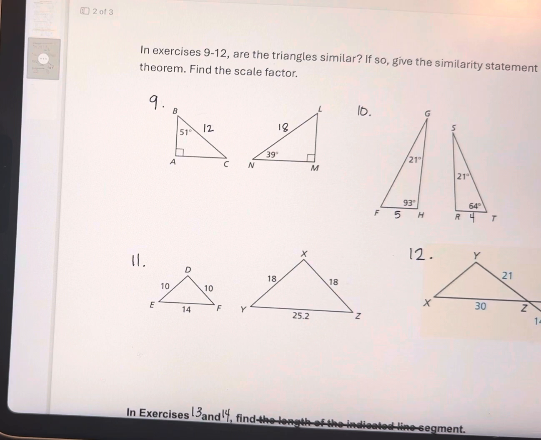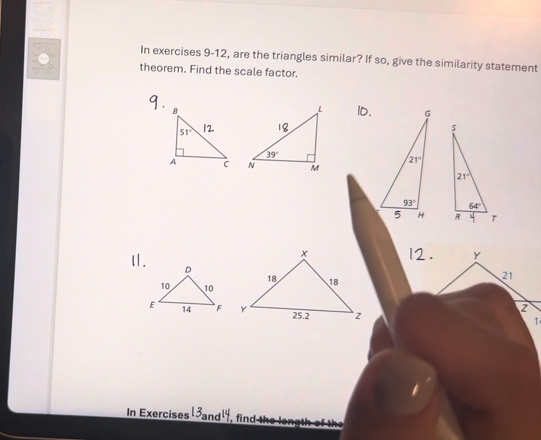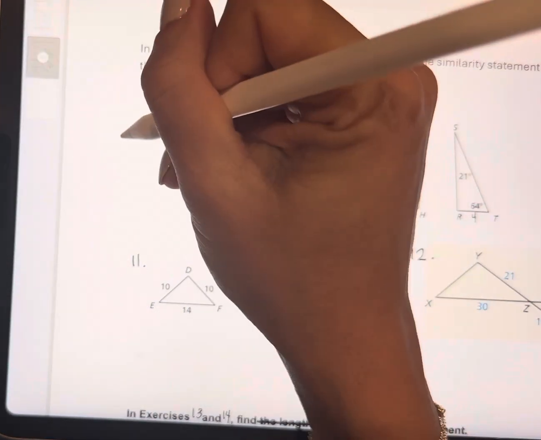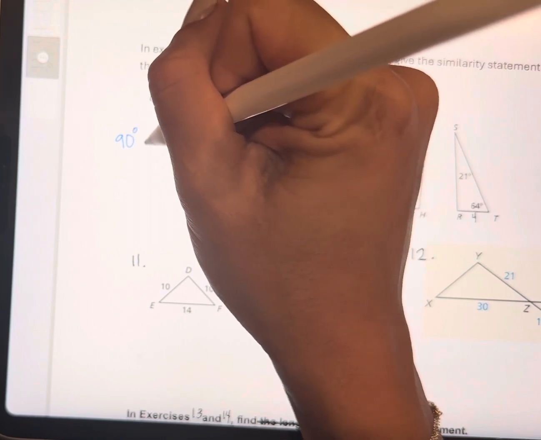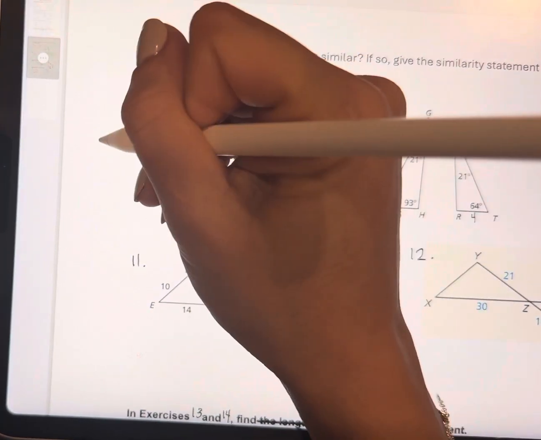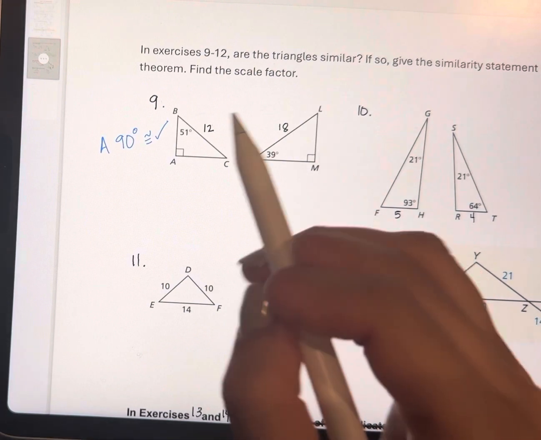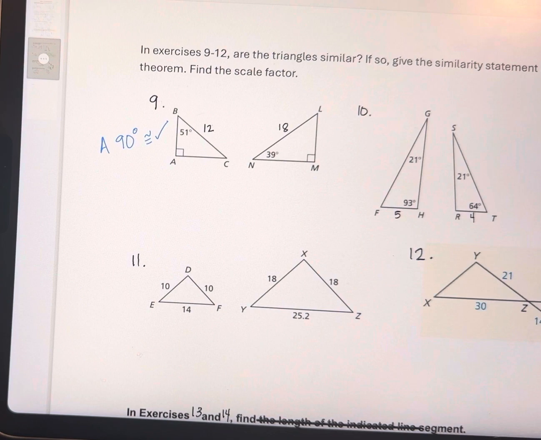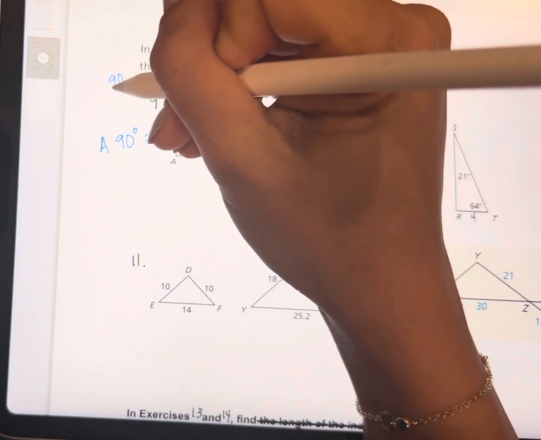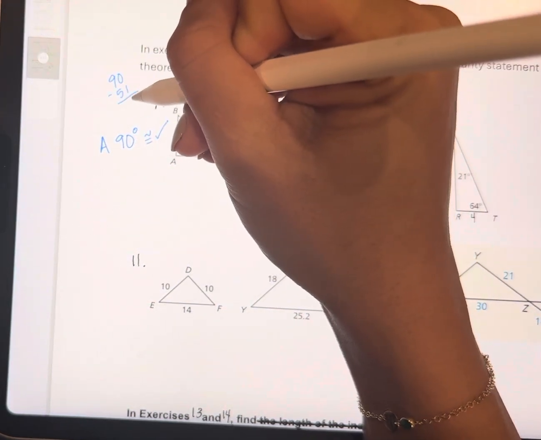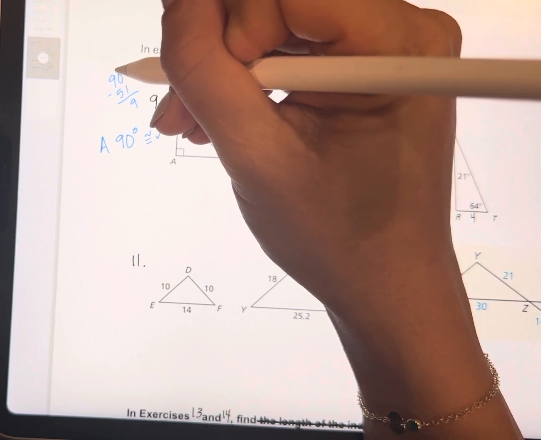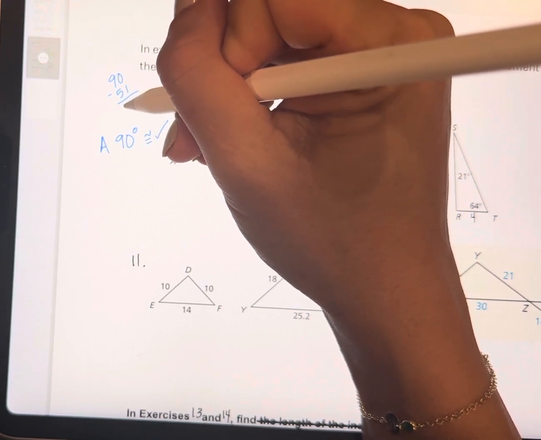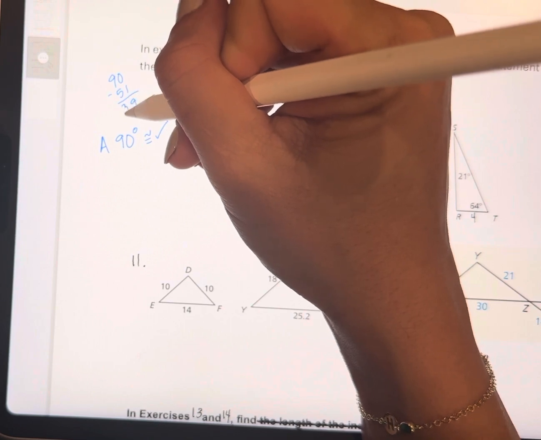Okay, now it's asking us if triangles are similar. Okay, well here we have a 90-degree angle, congruent for both, check, that's an A. And then here I have a 51-degree, here I have a 39, so I've got to find the missing angle. 90 minus 51 is 39.